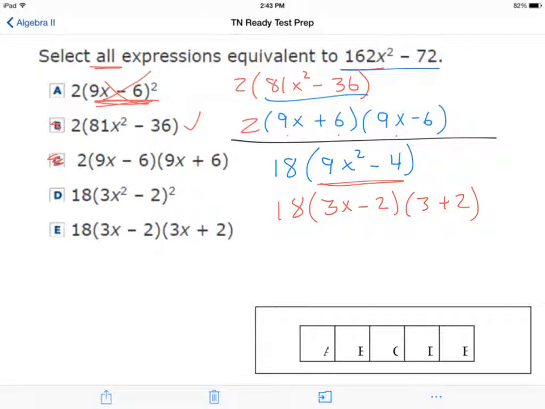And that's the only way I can get my linear term to cancel out. So what that means is E is also an answer. I cannot factor this way in answer choice D because that would produce a linear term, which I do not have. So my answer choices are B, C, and E.